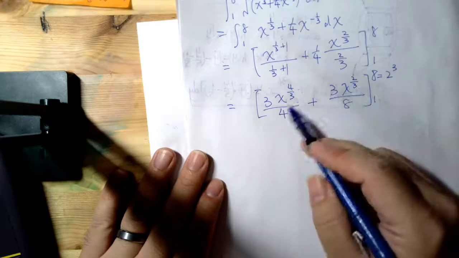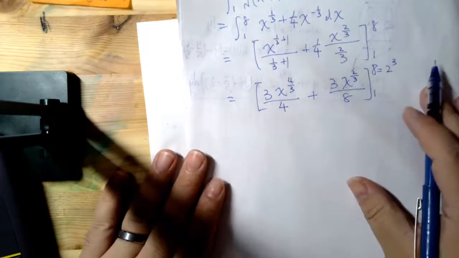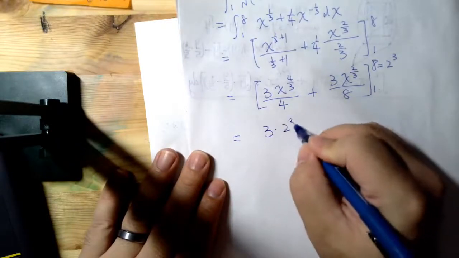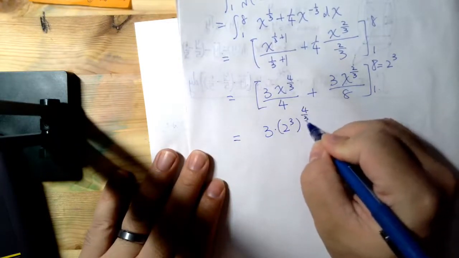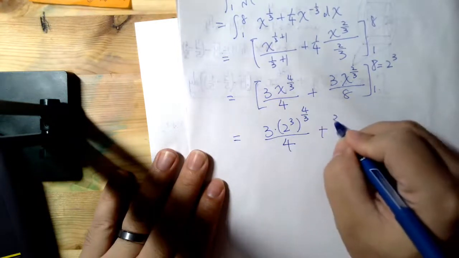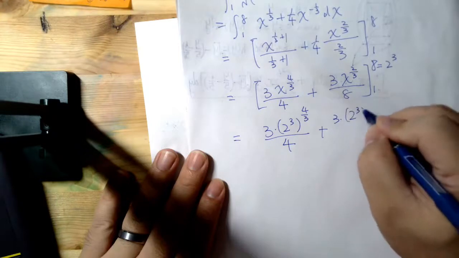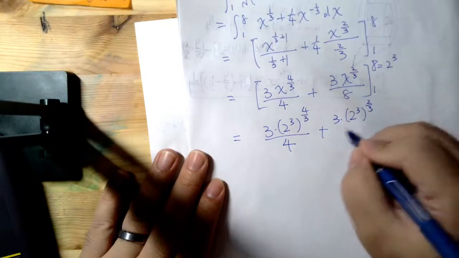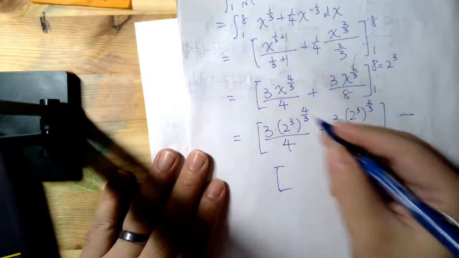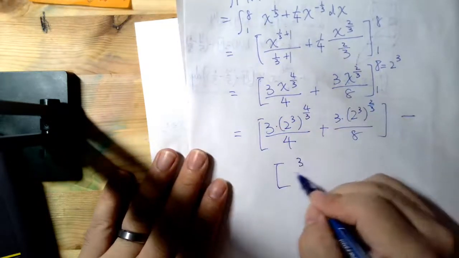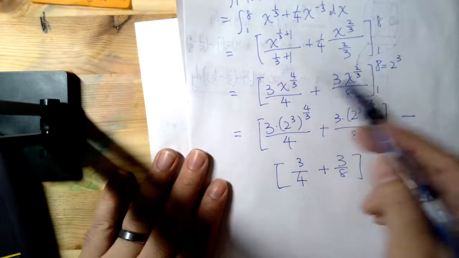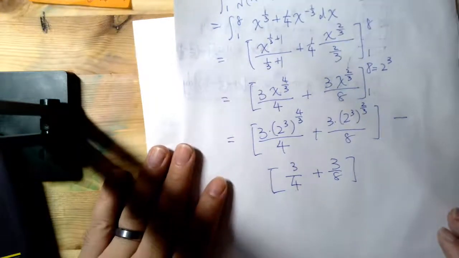Because if you use 2 cubed, there is a lot of cancellation. So 3 times (2 cubed) to the power of 4/3 over 4, plus 3 times (2 cubed) to the power of 2/3 over 8, and then minus, we plug 1 in, which is 3 over 4 plus 3 over 8, because 1 raised to any power is 1.